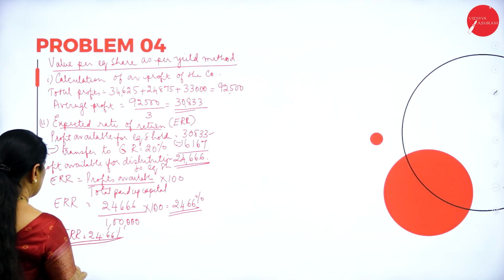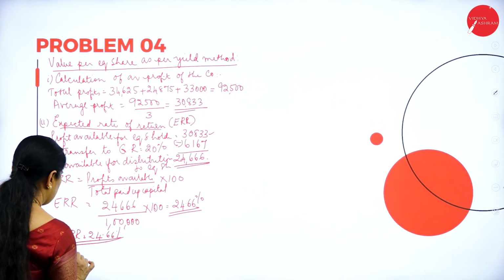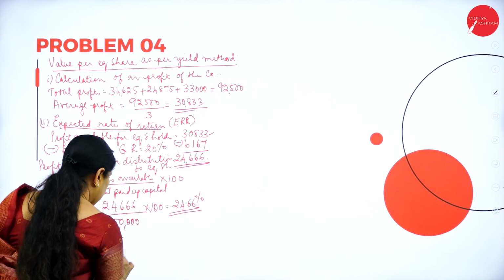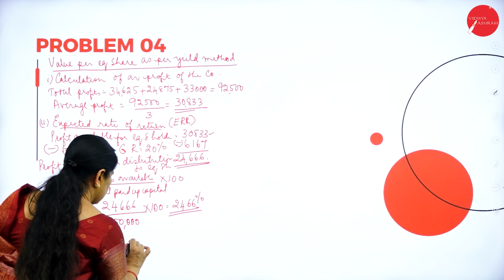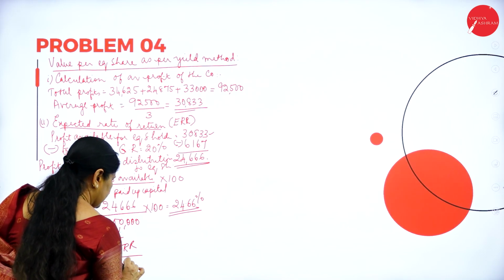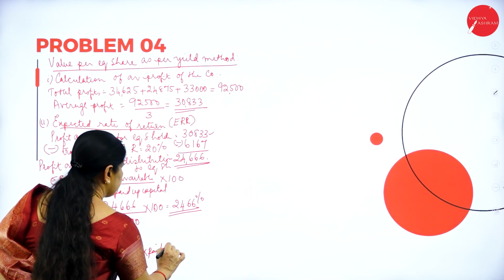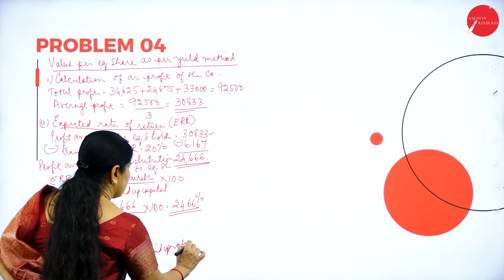Now the value per share equals ERR by NRR into paid up value.